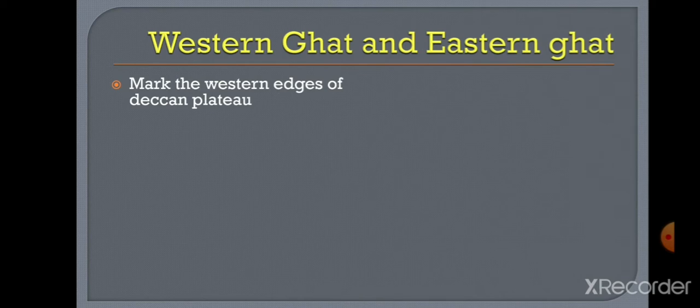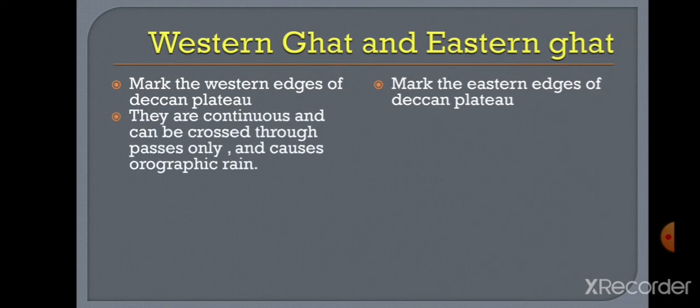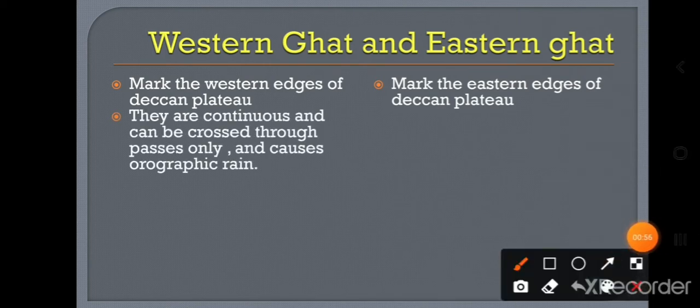When we see the map of India, in the southern part of India we can see the peninsular plateau region, and these are the uplifted or elevated regions that lie along the eastern and western coastal areas.